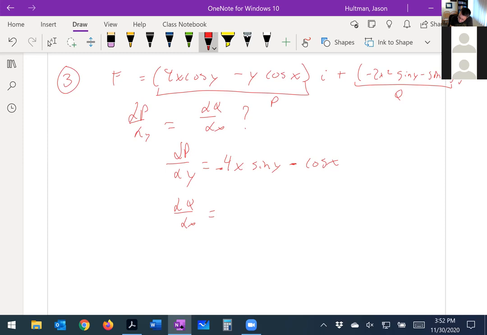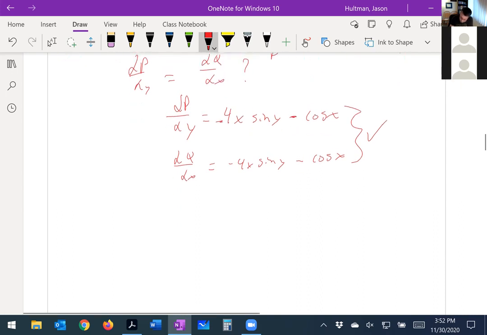That's going to be negative 4x sin y minus the cosine of x. So that checks. So it is conservative.